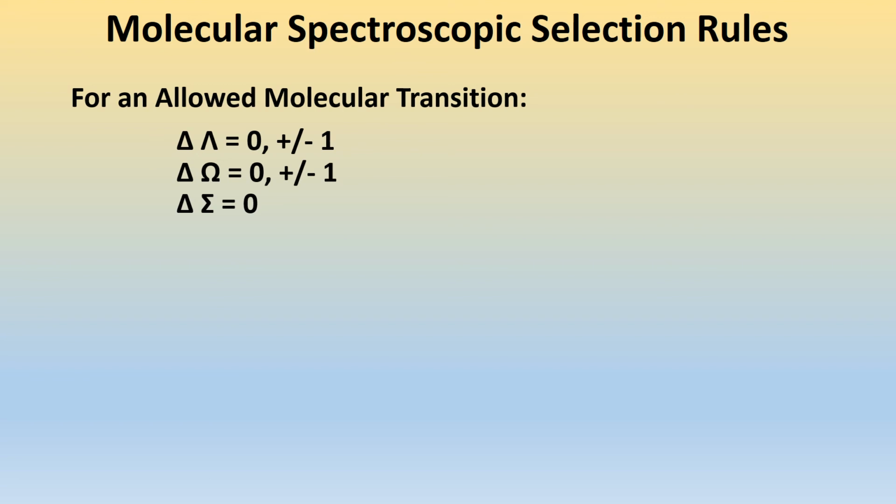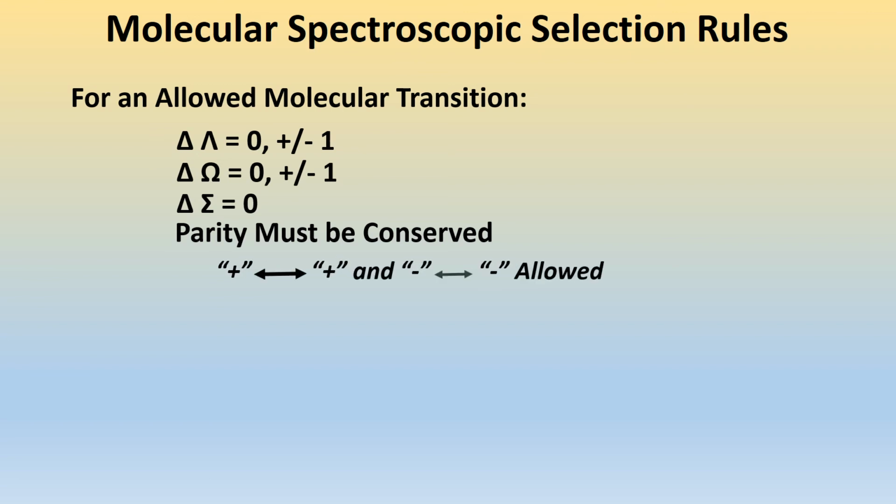Photons have other properties besides spin, however. On the one hand, photons do have parity. Therefore, parity must be conserved. This means that a plus state to a plus state or a minus state to a minus state are allowed, but a plus state to a minus state is never allowed. On the other hand, since photons have negligible mass or form, symmetry does not exist.